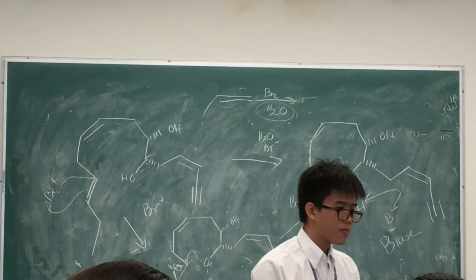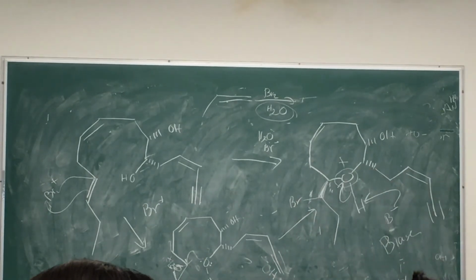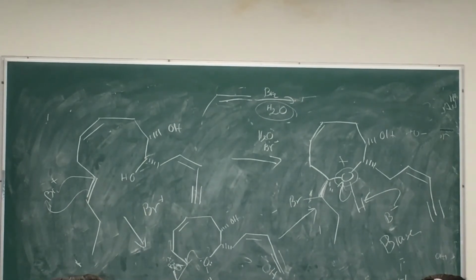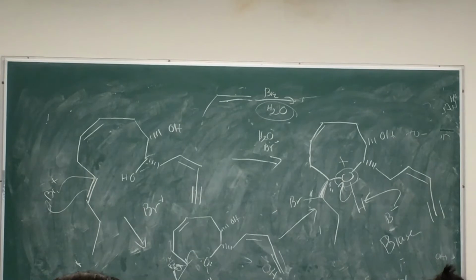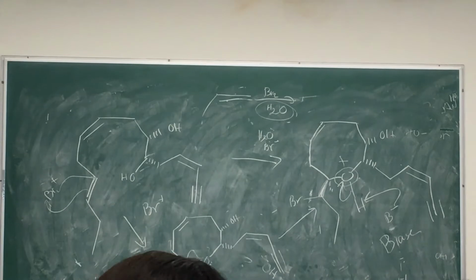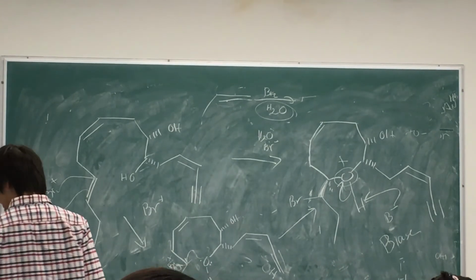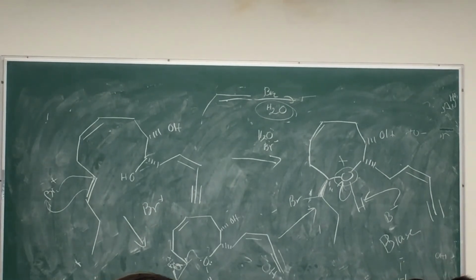So for the proposed mechanism question, look at your product. It's hard actually. But in here, when you see bromine here, it is at the back related to this one. So you push it back.